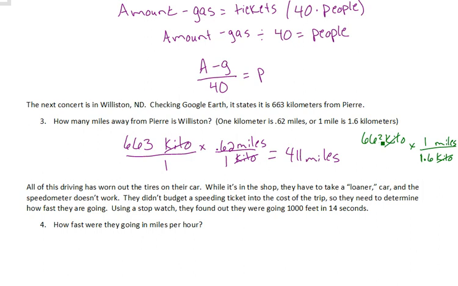Now it looks like I'm taking 663 and dividing it by 1.6. Actually gives us, I think, 414 miles. Okay, so this is called dimensional analysis, converting between 2 different measurements of some sort.